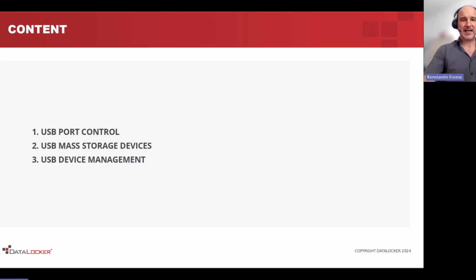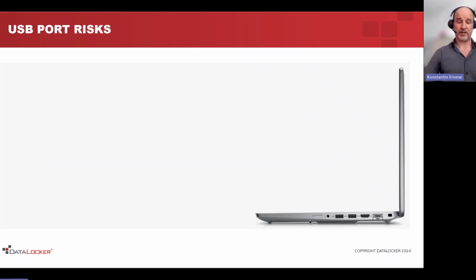Having said that, let's go to USB ports. Imagine an organization where the USB ports are open as the device was delivered. This means that every USB device can be used, no matter if someone brings it from private into the organization, not with a bad intention, but it could happen, or USB sticks are found in the parking lot.